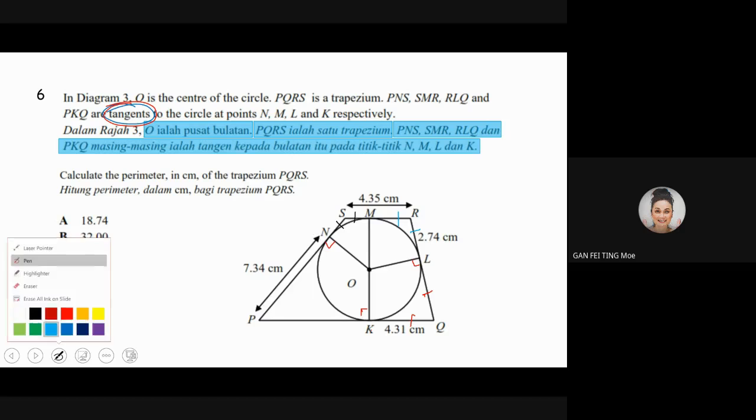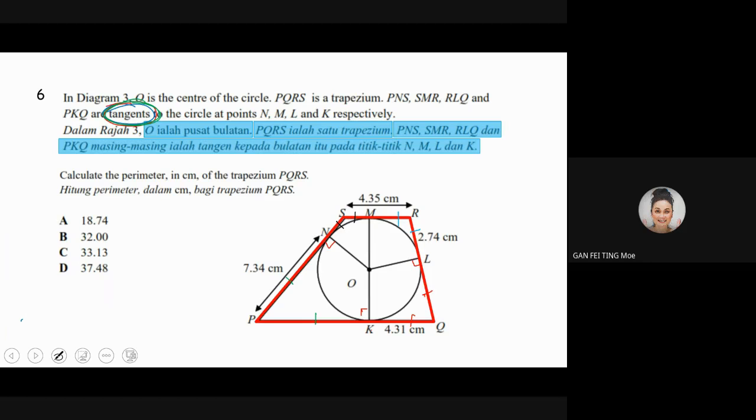PK is equivalent to PN. You need to understand the word tangent here, because P, Q, R, S are the common points for the tangents on both sides. So it means that the length will be the same. That one you learn under mathematics. So then very fast, sub in the values. You see this? This is the question asked.